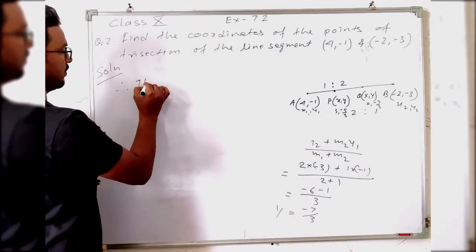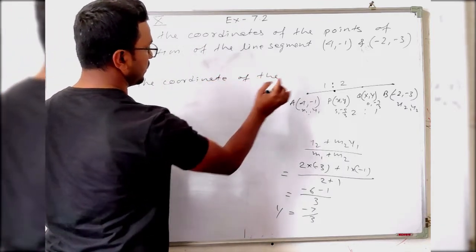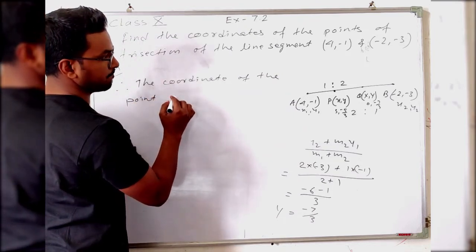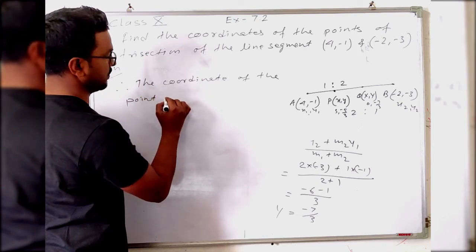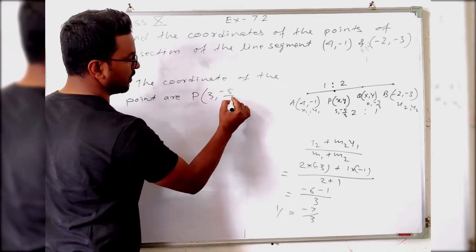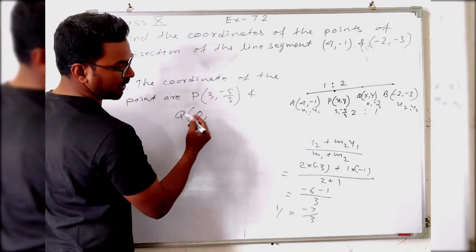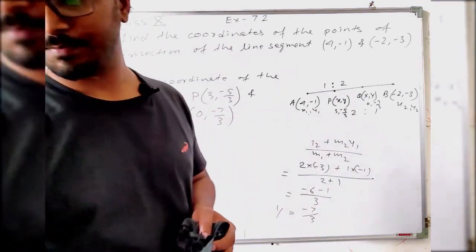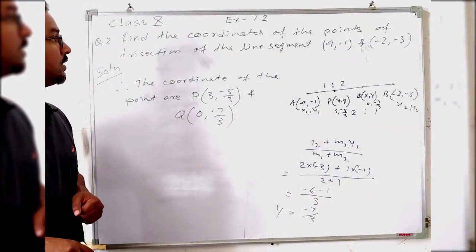Therefore, the coordinates of the points P is 2, minus 5 by 3 and Q is 0, minus 7 by 3. Okay, so this is how we can find the solution. Clear?